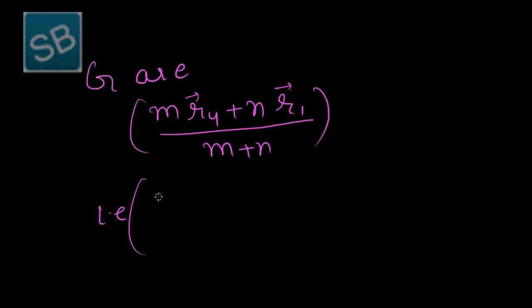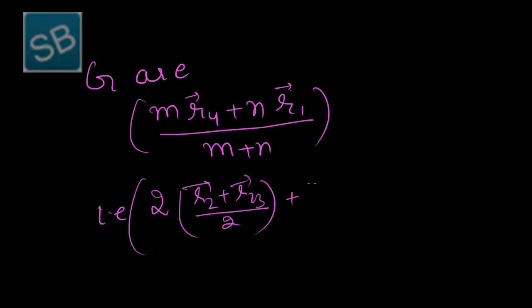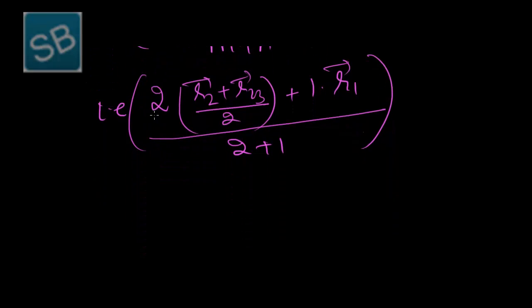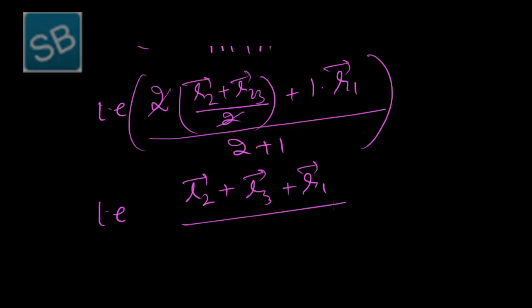We get m is 2, vector r4 is vector r2 plus r3 over 2, plus n is 1 into r1, over m plus n, that is 2 plus 1. So the 2 and 2 cancel out and we get vector r2 plus vector r3 plus vector r1 over 3.